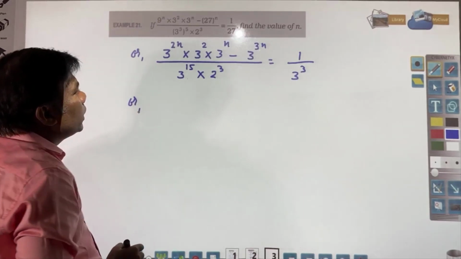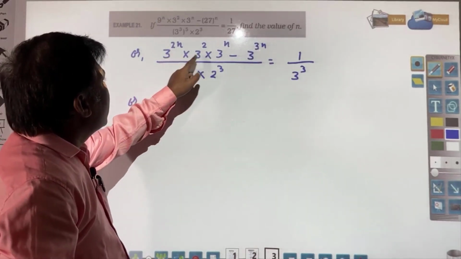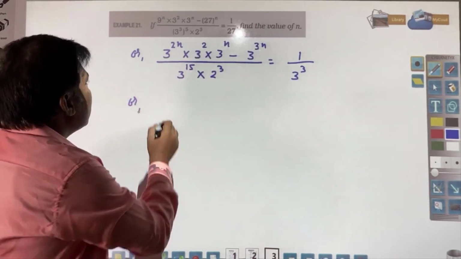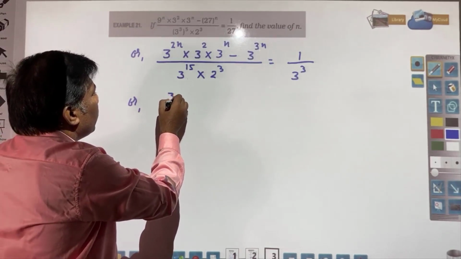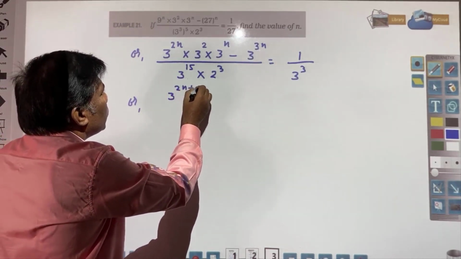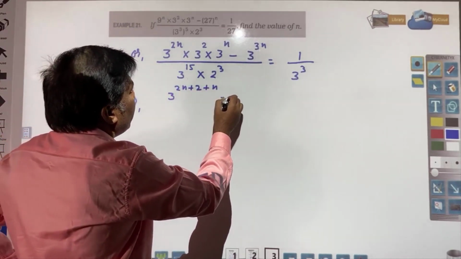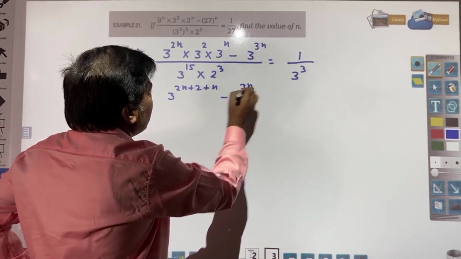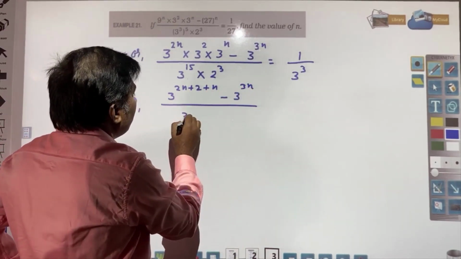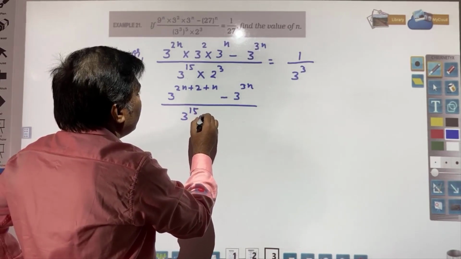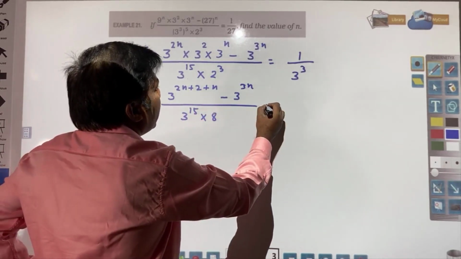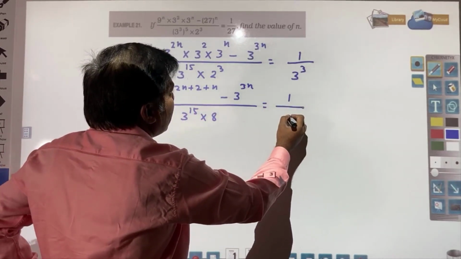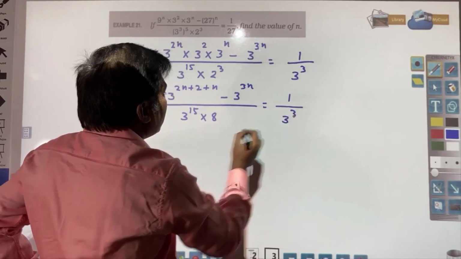Or here you see, if you are simplifying this, what we will get? 3 to the power 2n plus 2 plus n minus 3 to the power 3n divided by 3 to the power 15 into 8, and that is equal to 1 by 3 to the power 3.